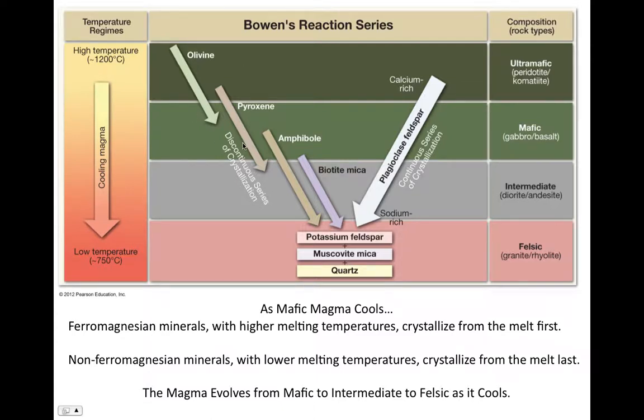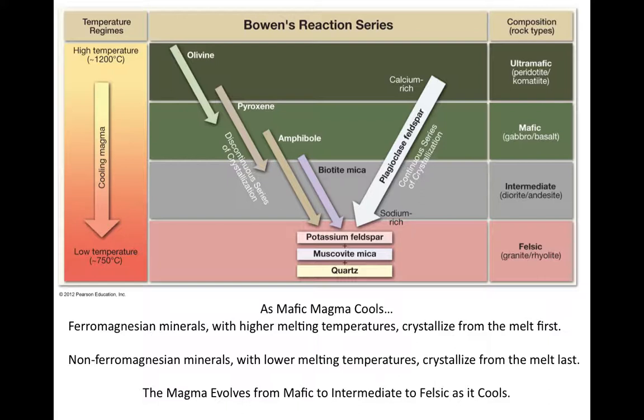As the magma begins to cool even more, amphibole starts to crystallize out, and more plagioclase feldspar crystallizes out, and then as it cools even more, biotite begins to crystallize out. As the biotite and amphibole crystallize out, they're removing more iron and magnesium.